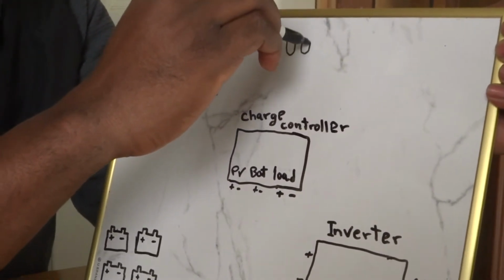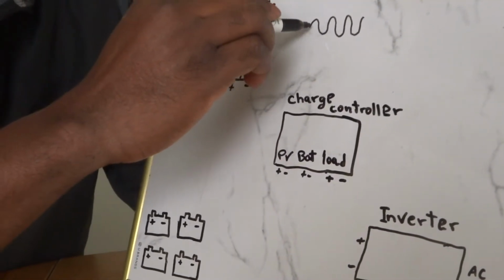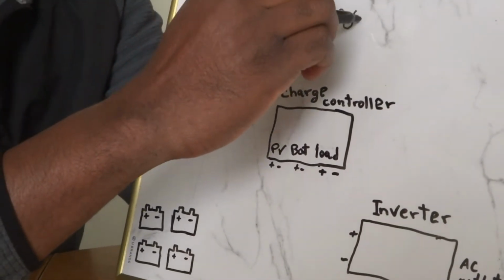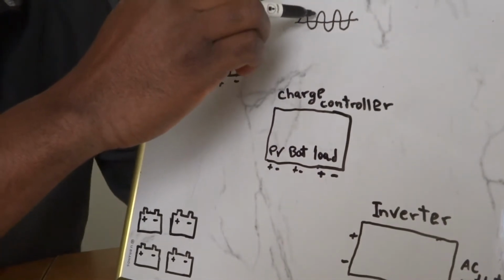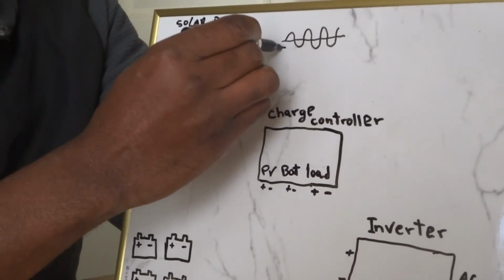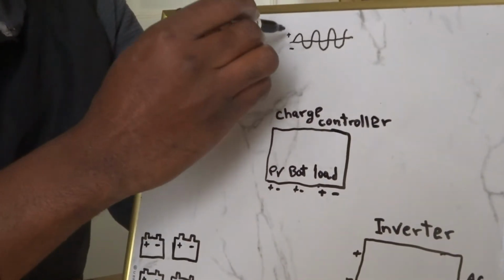So you still have positive and negative. I'm not good at drawing, once again. The waves on the top are the positive and the bottom ones are negative, but it's kind of negligible. You don't really have to pay that much attention to it.